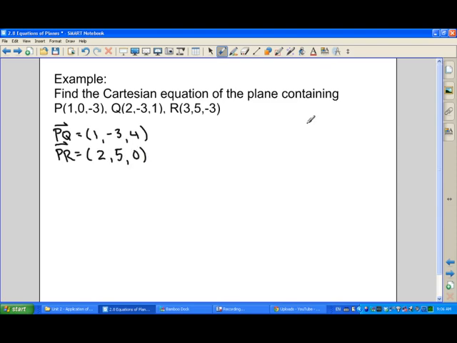We can use these vectors to find the Cartesian equation because we need a normal vector perpendicular to the plane. If these two vectors are on the plane, we need to find PQ crossed with PR to get that normal vector. PQ crossed with PR will equal the normal vector.